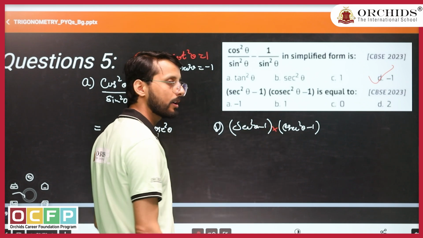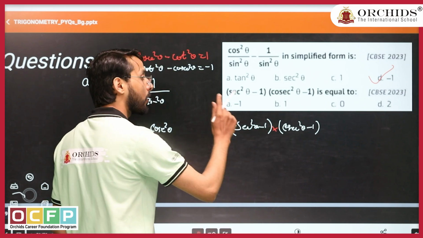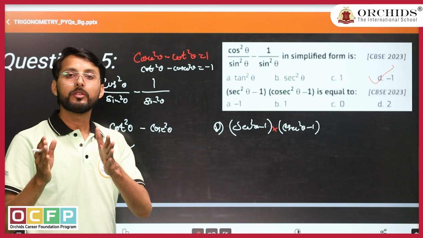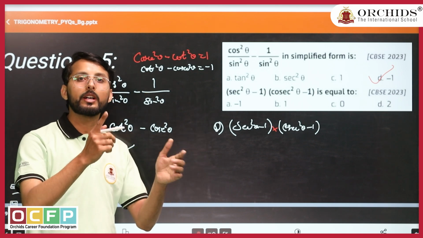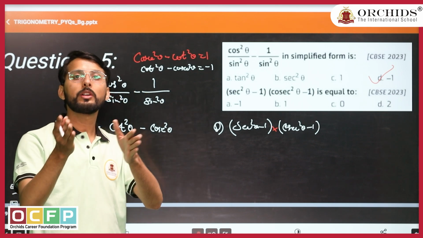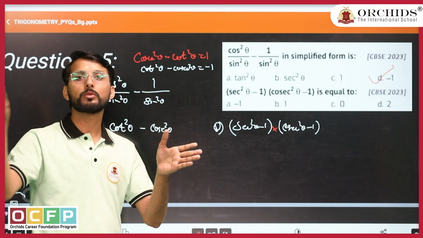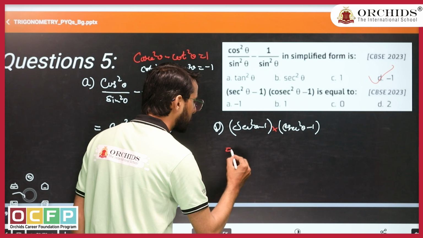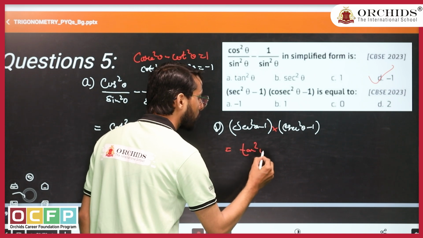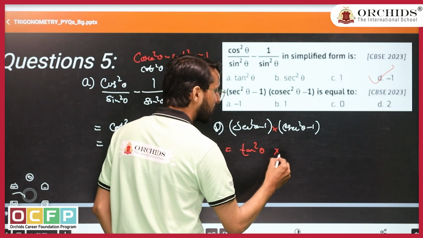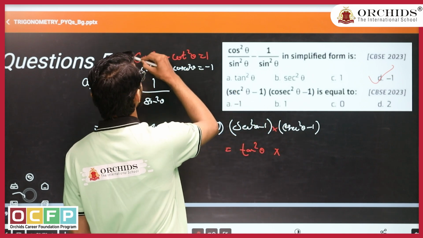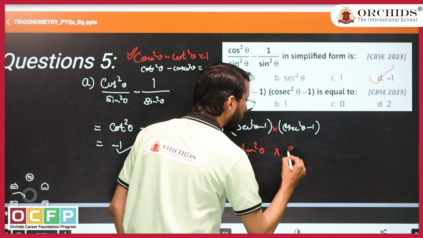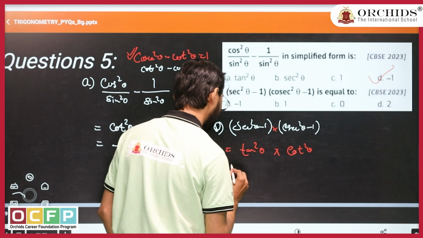You can see there is a multiplication symbol. Now from the second identity we remember secant square theta minus tan square theta equals 1. So if I bring 1 to the left hand side and switch the tan to the right hand side, what will I get? Secant square theta minus 1 is nothing but tan square theta. And cosecant square theta minus 1 we can take from the third identity. It will become cot square theta.